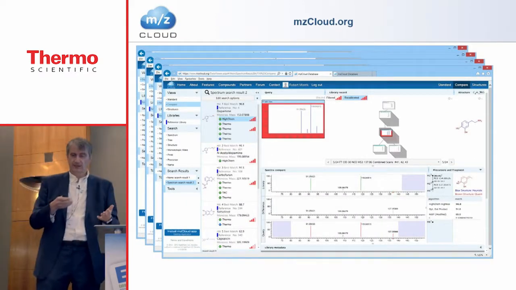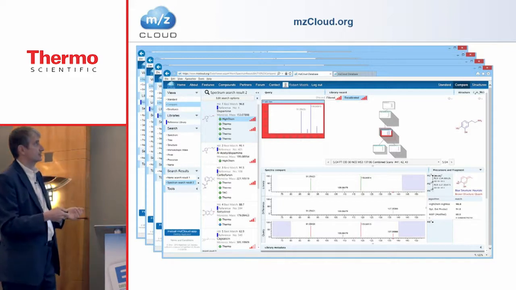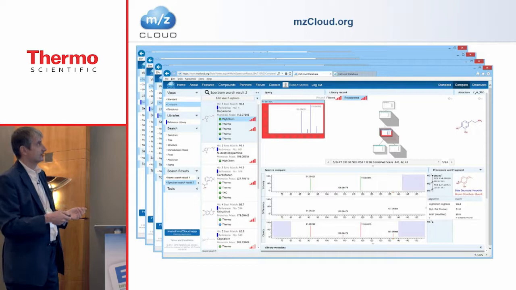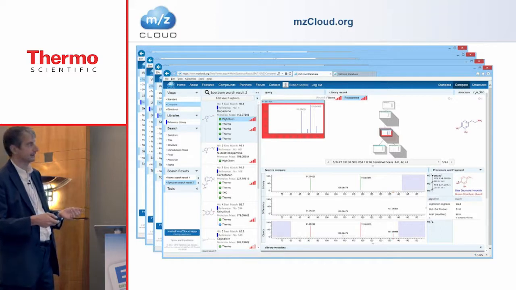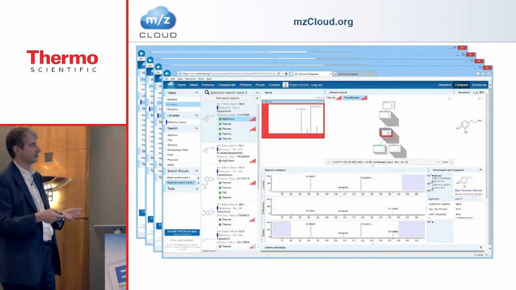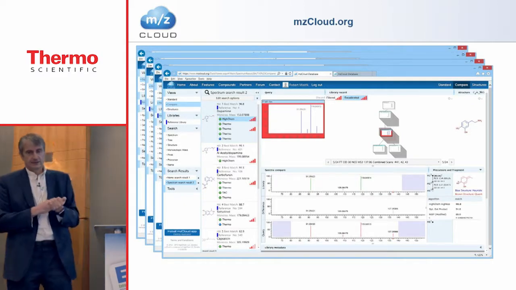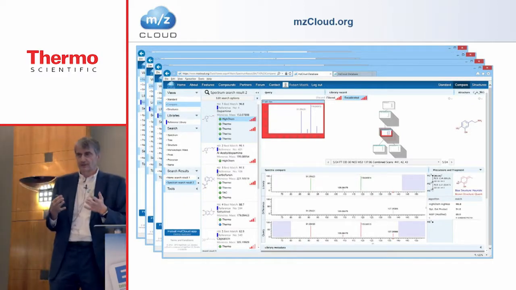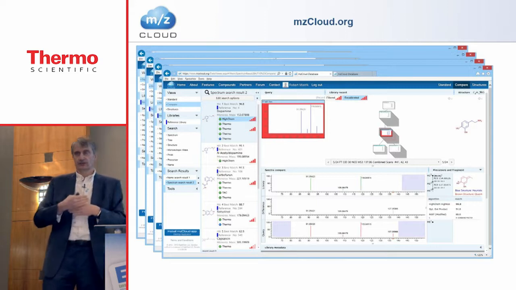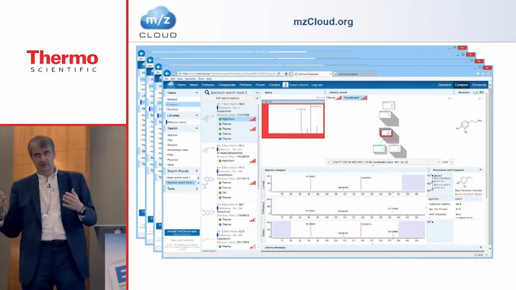You can search the spectra. This is a typical search result where you see your hit list. Here's the match factor, and you can compare the spectra visually and also through three various matching or scoring algorithms. It shows you in which peaks a match was actually found. And this is actually the biggest power of the mzCloud database, that we try to acquire the spectra at various experimental conditions.